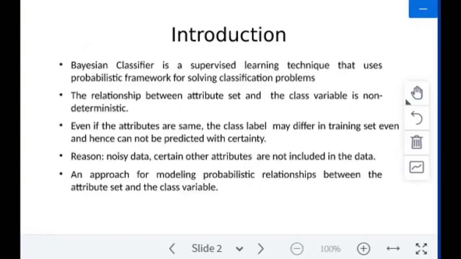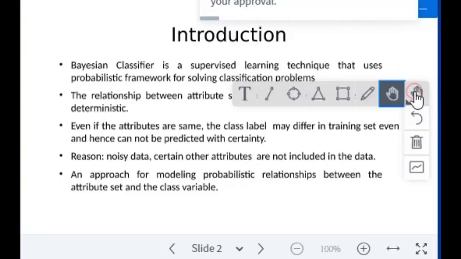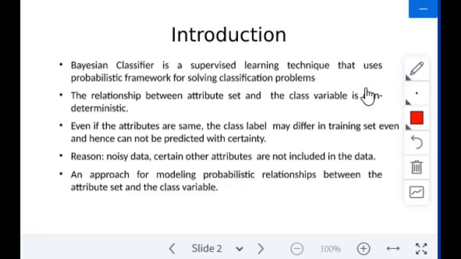So Bayesian classifier is a supervised learning technique that uses probability theory based analysis. Here it is a machine learning technique, or we can say a data mining technique, that computes the probability of an instance belonging to each one of many target classes, given the prior probability of classification using individual factors.